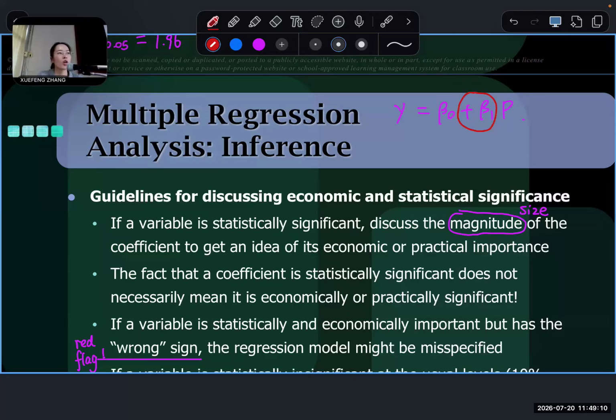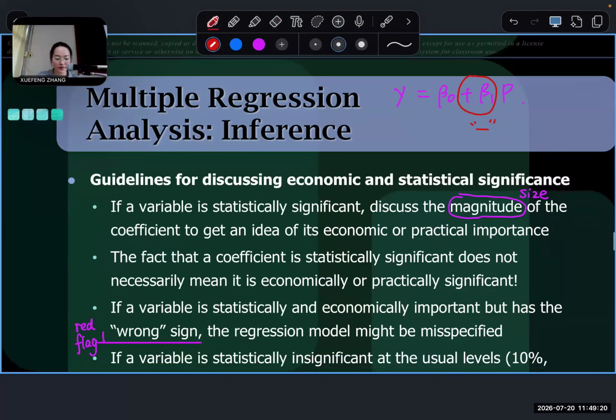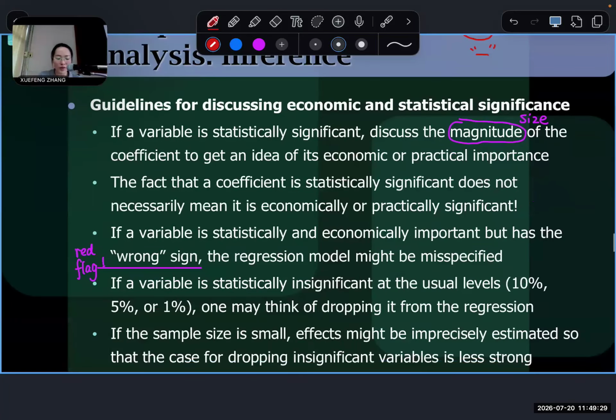Negative, that's right. But if your regression shows a positive, you should be careful, because the law of demand is the only law that we have. So you need to check your sign as well. Does it follow our economic theory or not?